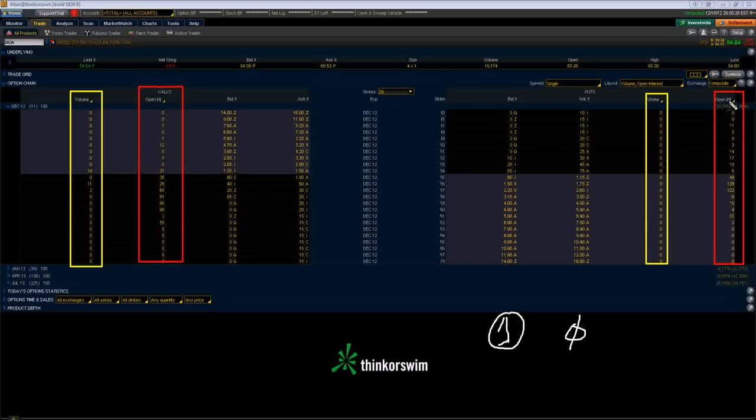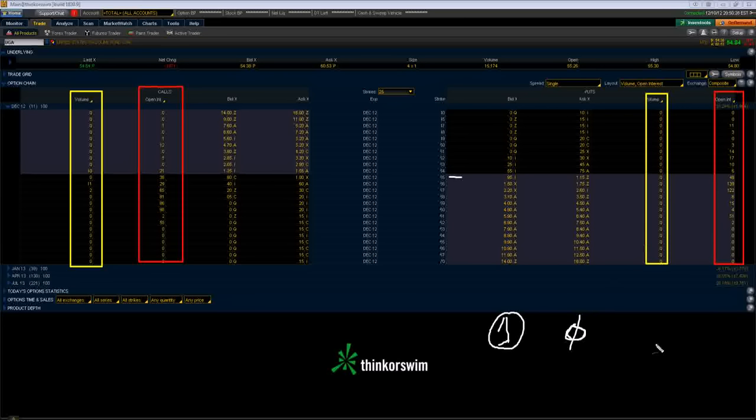So open interest is how many new option contracts have been created at that strike level. It's like futures: how many people are holding these option contracts that have not shut down?